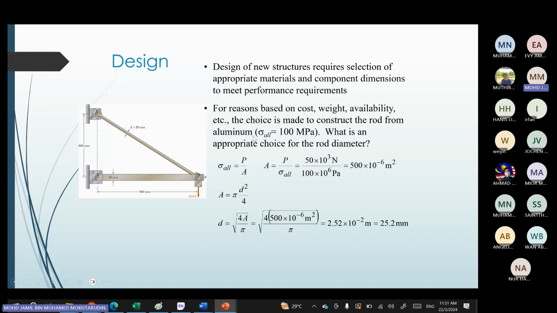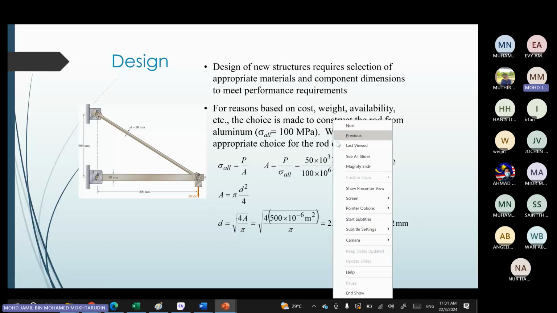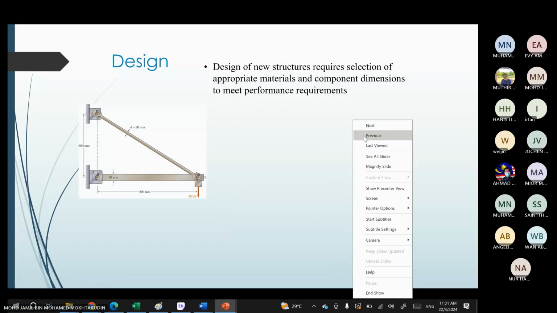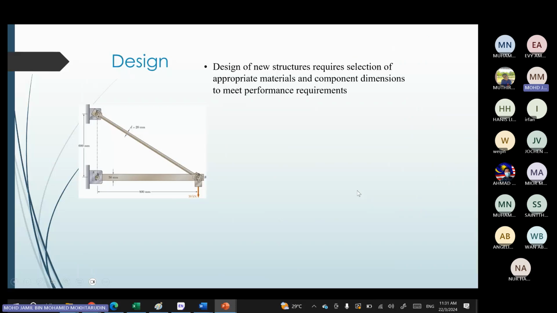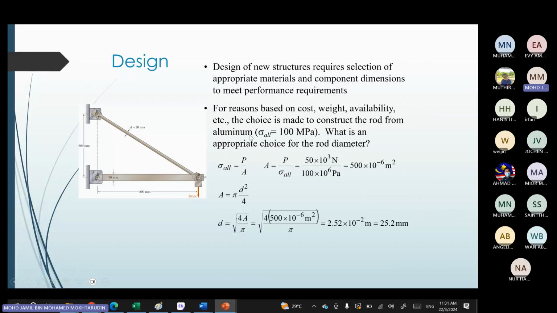So obviously the diameter given here is not going to support the force of 30 kilonewton, because from the previous slide we know that the total stress is 159 megapascal. But let's say you want to use aluminium because it's cheaper, but aluminium can only sustain 100 megapascal. So you need to redesign.